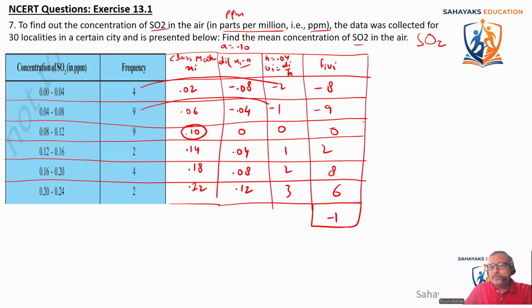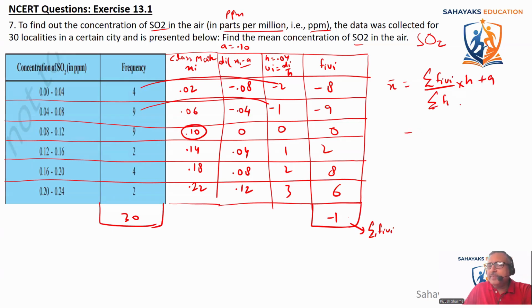Okay, now we know what this value is. It is sigma fi ui. And the sum of all the frequencies is sigma fi, and they have already given it as 30 localities. So this should be 30. Now let's find out x bar. X bar is equal to sigma fi ui divided by sigma fi, multiplied by h, plus a.